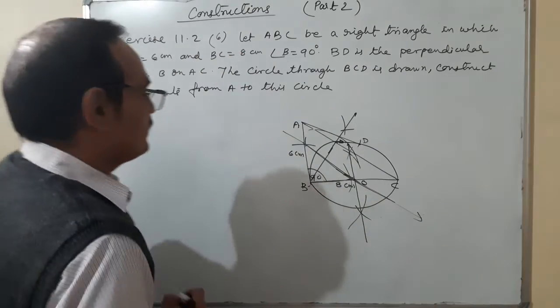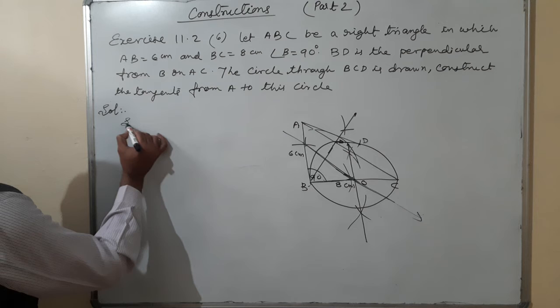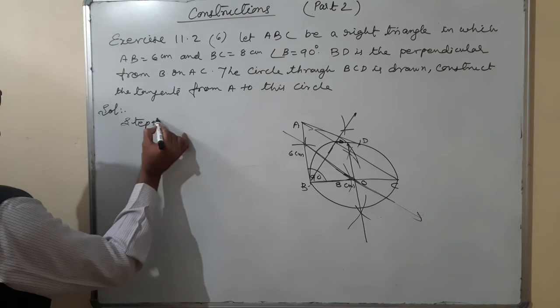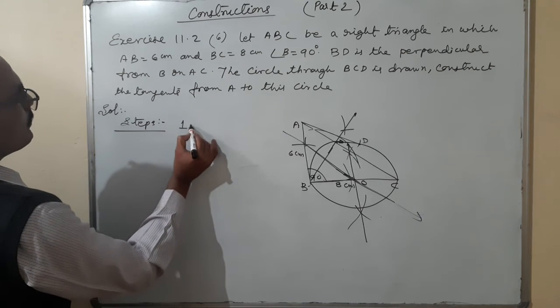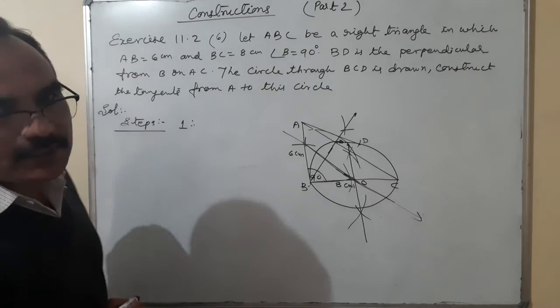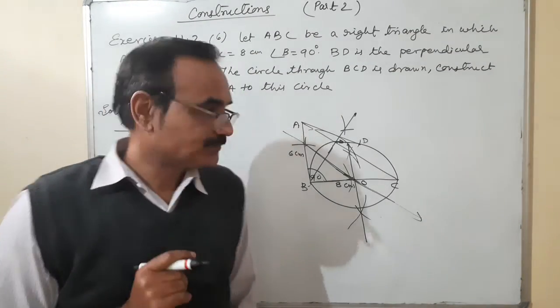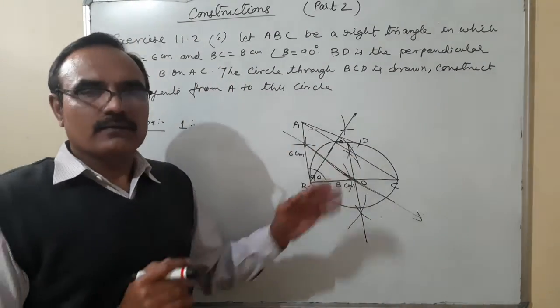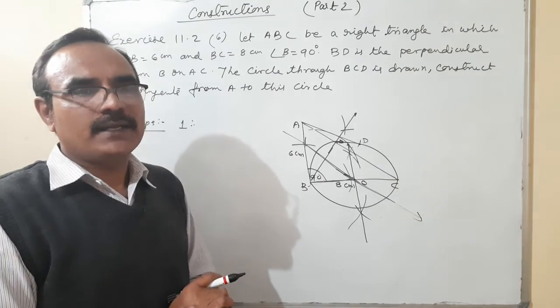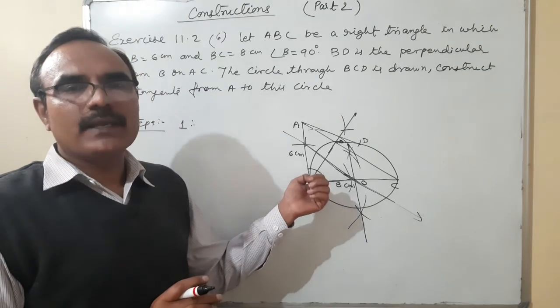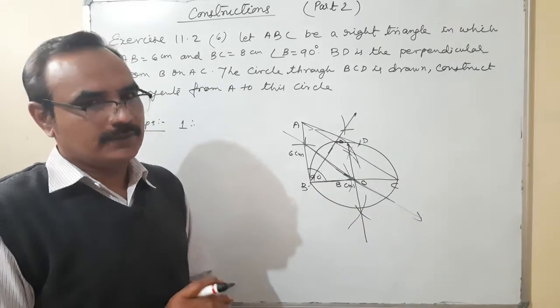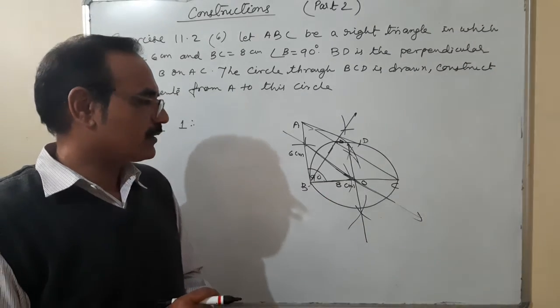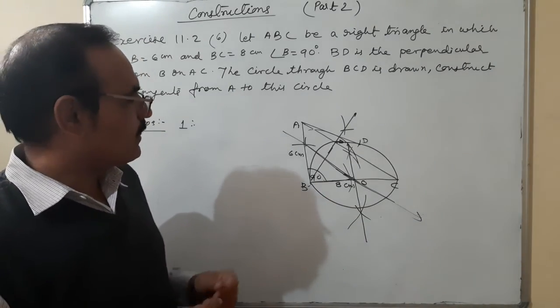Okay. Steps. Step number 1. In step number 1, what we have to write? Steps of making a right angle triangle at point B. So first of all, draw an angle.